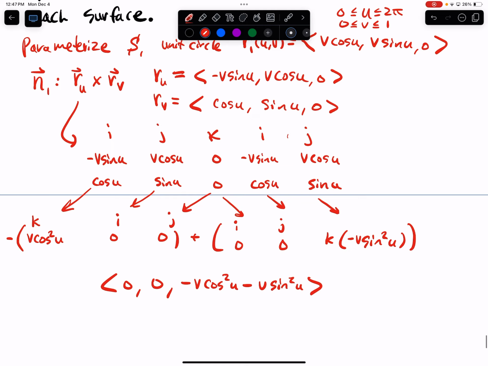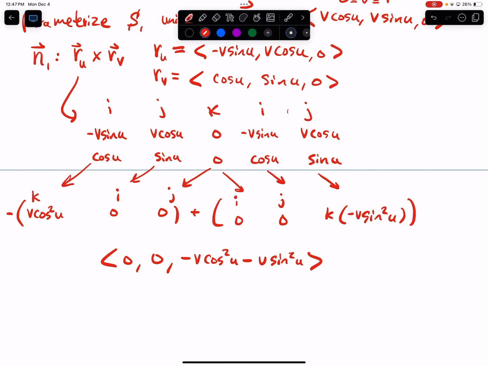Factor out negative v, and I get cosine squared plus sine squared, which is 1. So you get 0, 0, and then negative v.